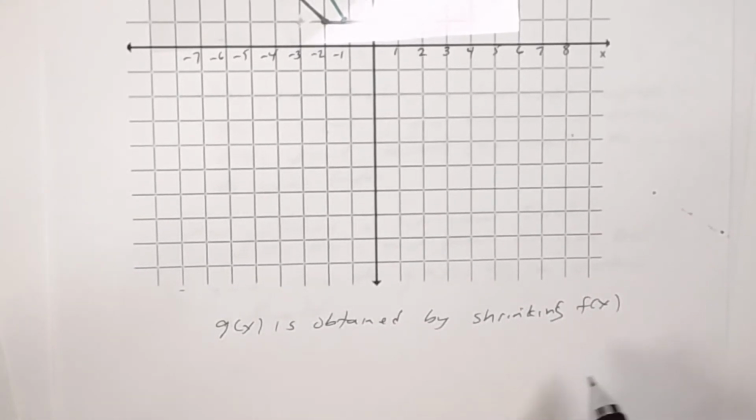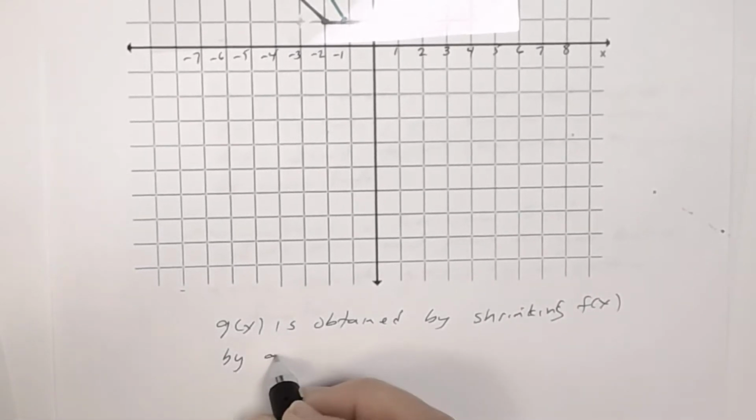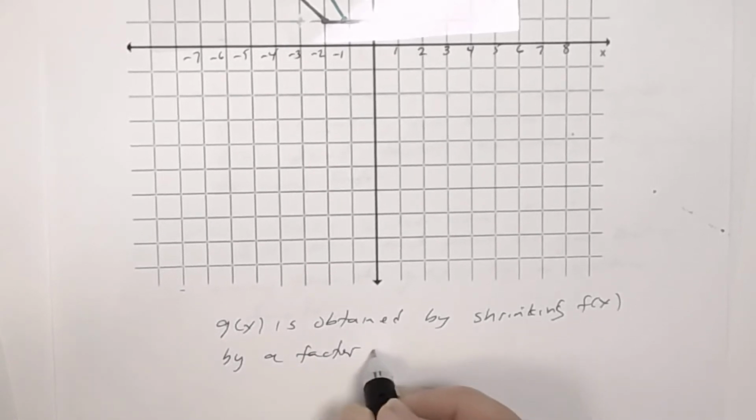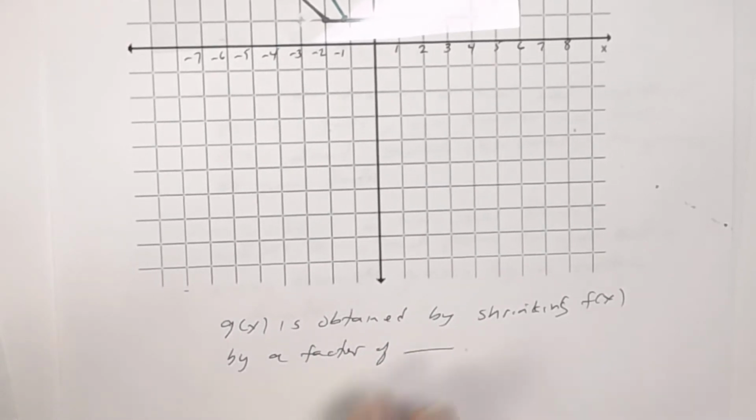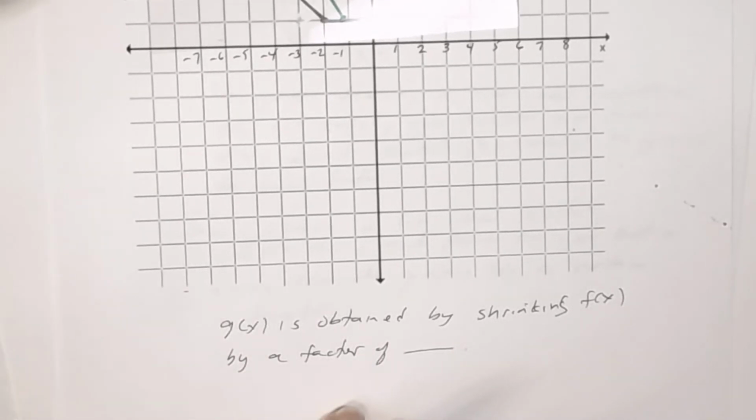And the question is, by what factor? By a factor of something, right? All right, so we're going to come back to this idea. Well, what is that factor? So whenever you talk about a horizontal stretch or a horizontal shrink, you're always going to talk about by a factor of, by a factor of. Okay, so that wording is going to be important when you talk about horizontal stretch or horizontal shrink, and that's going to help us with our rule, our transformation rule.